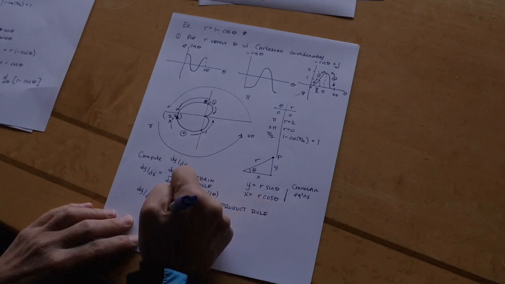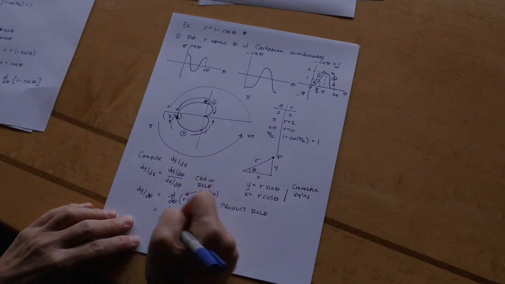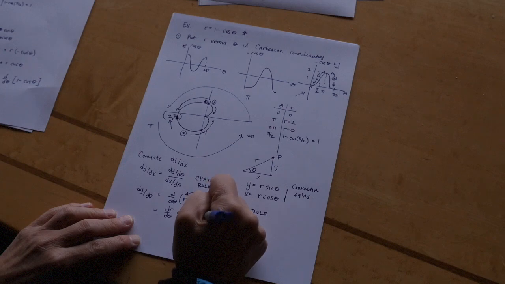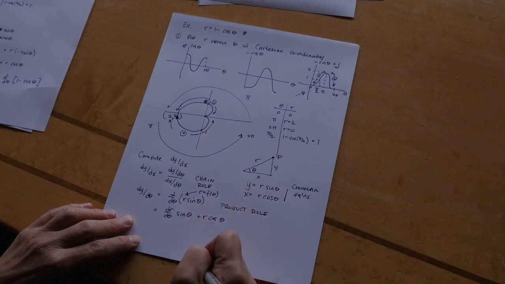I get here then dr by d theta times sine theta. That's the derivative of r with respect to theta multiplied by sine theta, plus r times the derivative of sine theta, which is cosine theta. So that's dy by d theta.